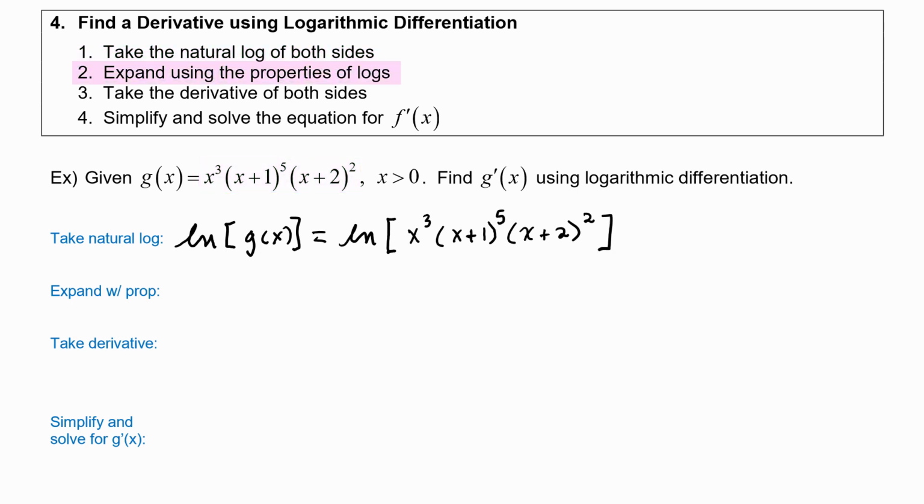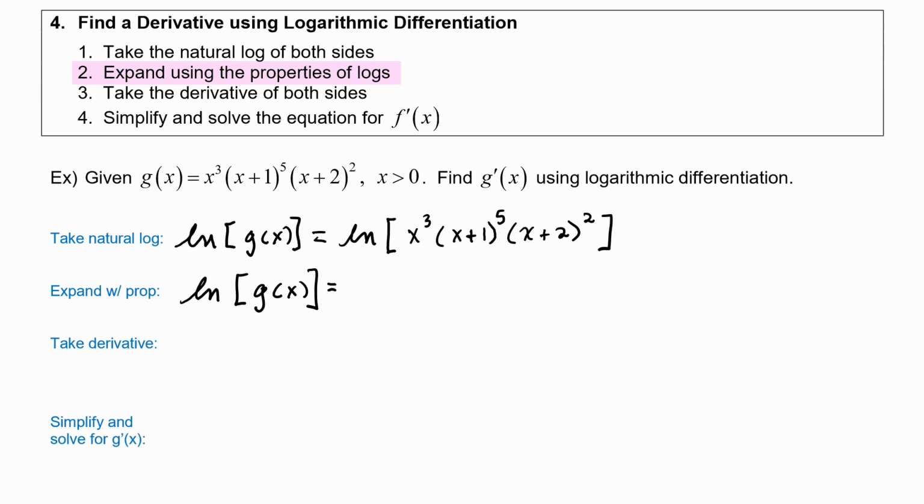Step 2 says to expand using the properties of logs. Now on the left-hand side, there's nothing to expand, so we just bring it down as it is, natural log of g of x.